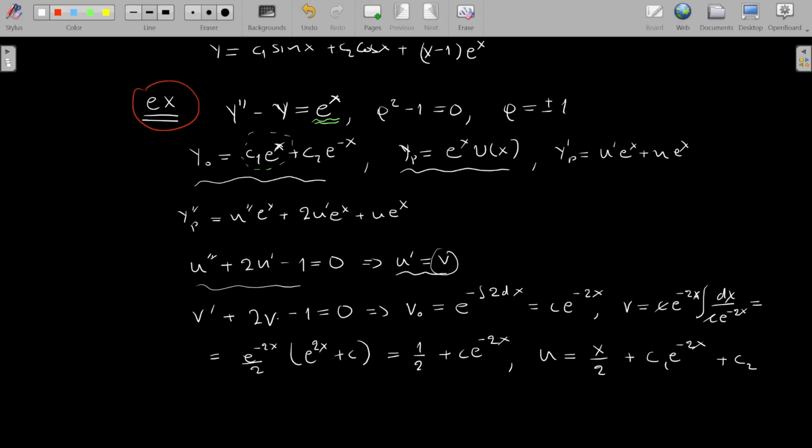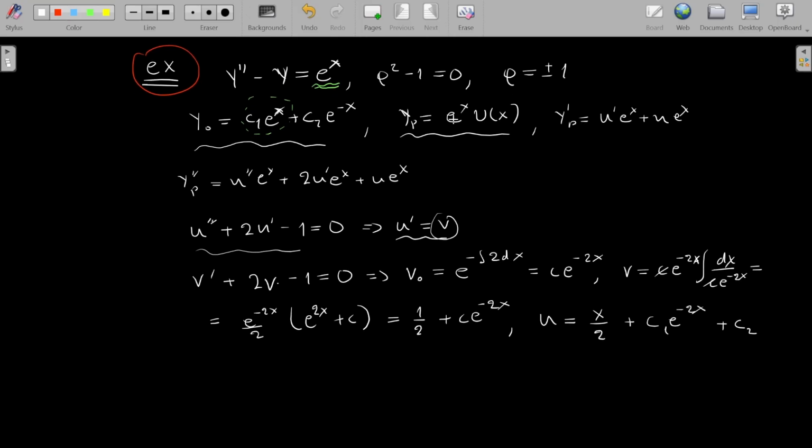So finally, the particular solution is e to the x times u. So the general solution is c1 e to the x plus c2 e to the minus x plus the particular solution. So plus e to the x, x over 2 plus a constant e to the minus x plus another constant e to the x.